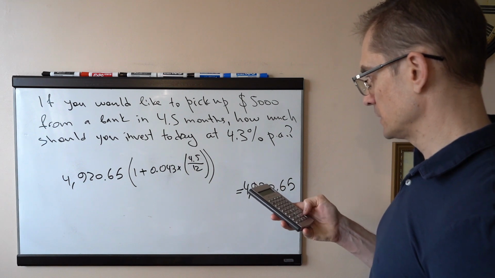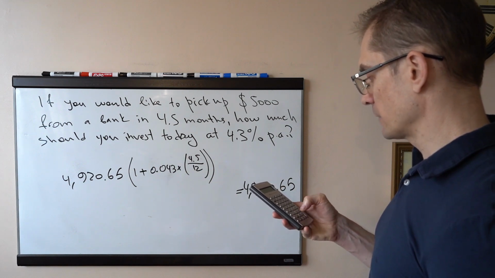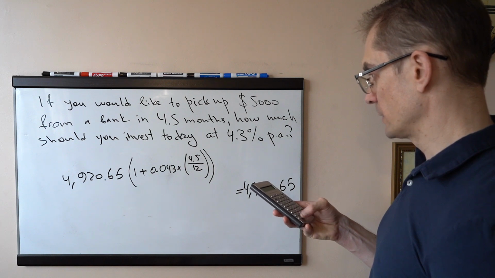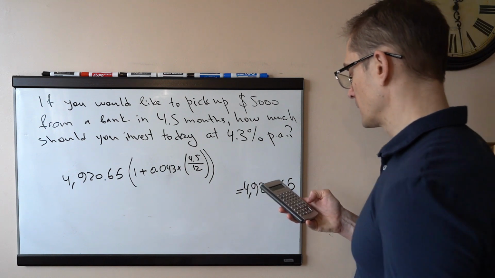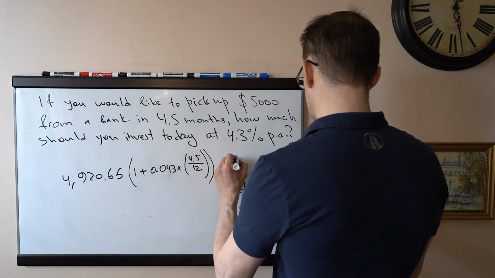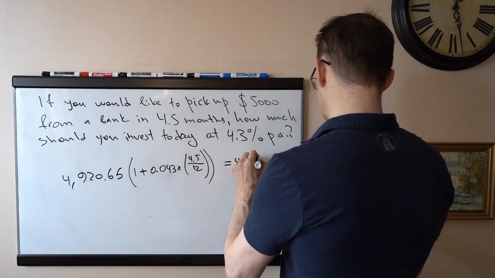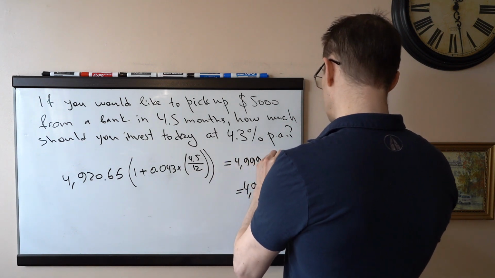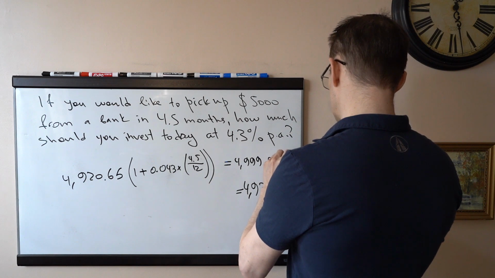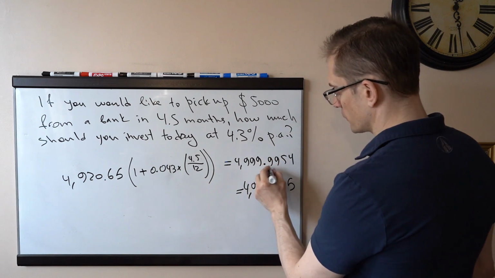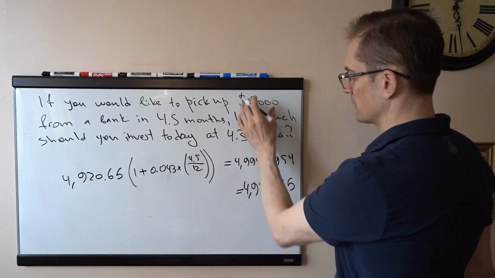So try computing this: 4.5 divided by 12 times 0.043 plus 1 times 4,920.65. So I get 4,999.995, right? So if I round, of course, it will be exactly $5,000.